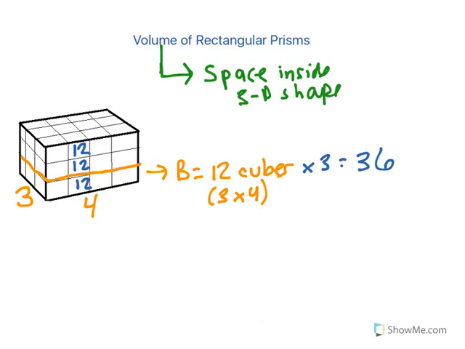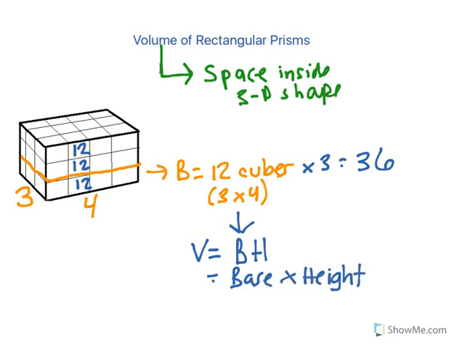So after we investigated this for a couple of days, we started to realize that there was a formula that was emerging. And the formula that was emerging, there's actually 2. Some people think of it as V equals BH. And that means volume equals base times height, which is true. However, you don't just know your base when you get a rectangular prism, you have to figure it out.